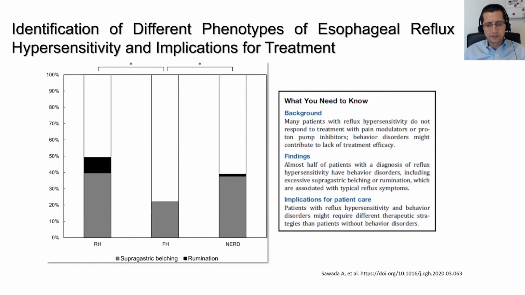This study was published at the end of last year, not yet in press, but it will be published soon in CGH, and underlines that patients with reflux hypersensitivity, as compared to those with functional heartburn and non-erosive reflux disease, more frequently have a behavior disorder like supragastric belching or rumination, suggesting, of course, that these patients should be treated differently from those who are treated for gastroesophageal reflux disease with PPI, with medical therapy, or with surgery.